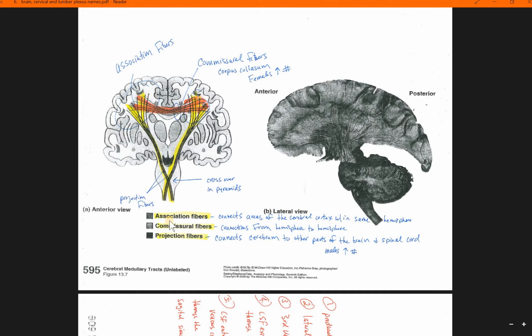All right, the association fibers connect the areas of the cerebral cortex within the same hemisphere. The commissural fibers connect from hemisphere to hemisphere, and the projection fibers connect cerebrum to other parts of the brain and spinal cord. In males, the projection fibers are increased in number.